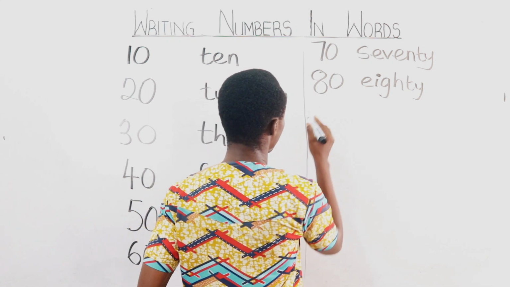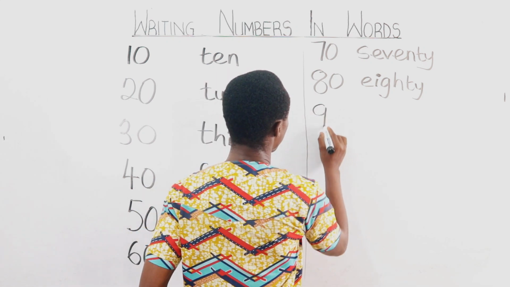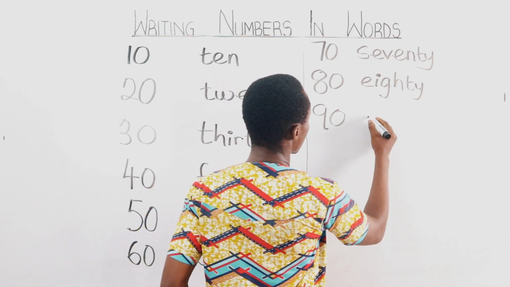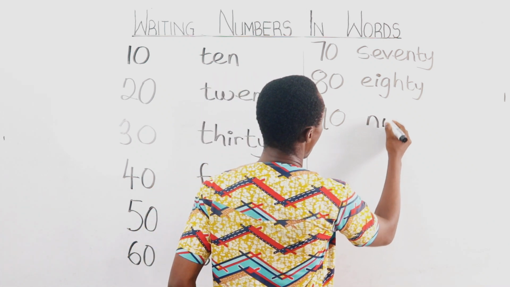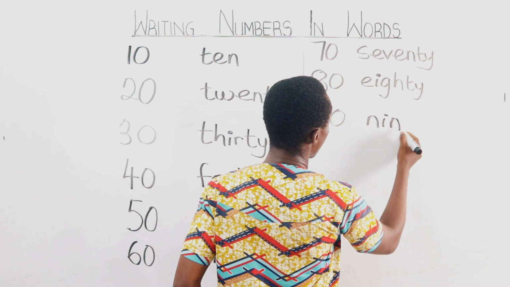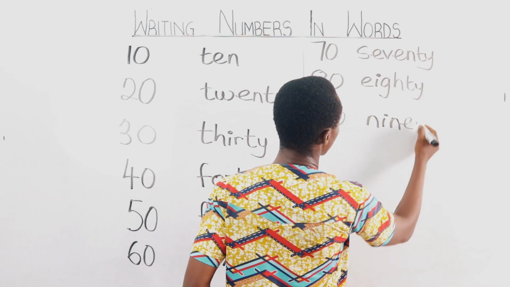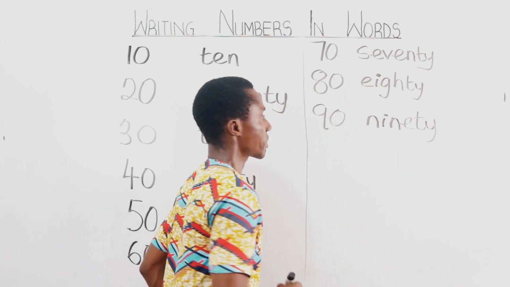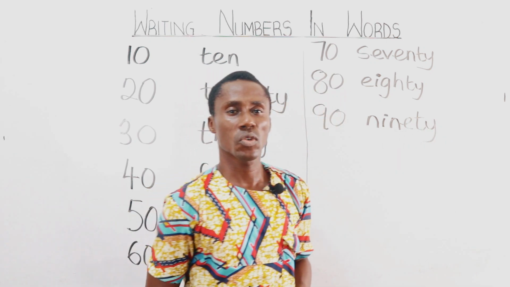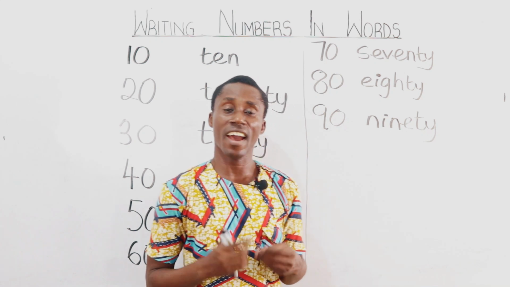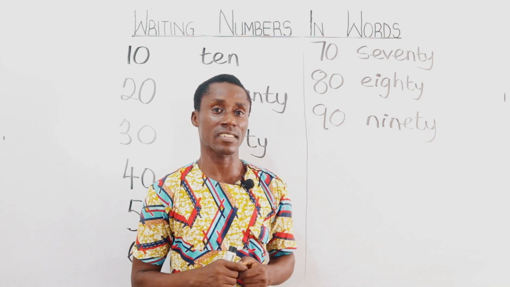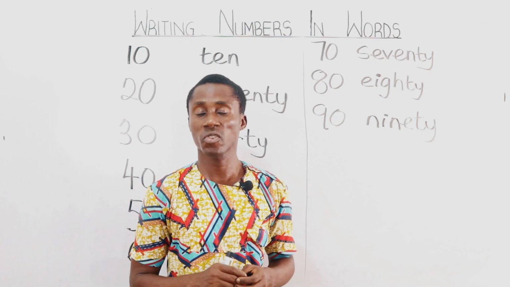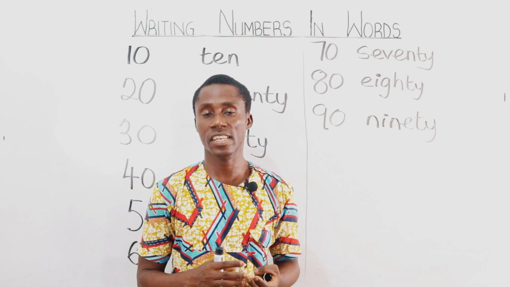The next is 90, and 90 is N-I-N-E-T-Y. 90. Now we know how to write the tens between the numbers 0 and 99.